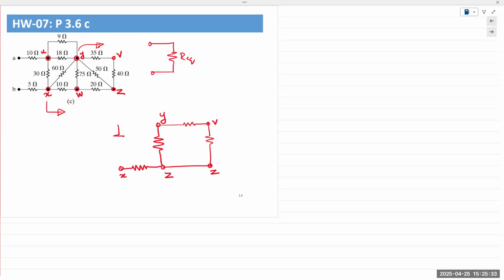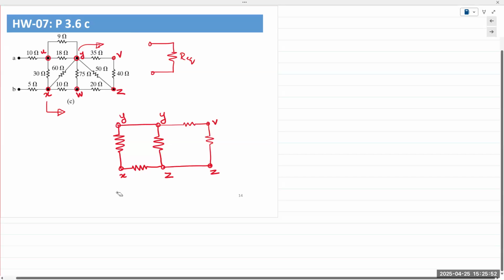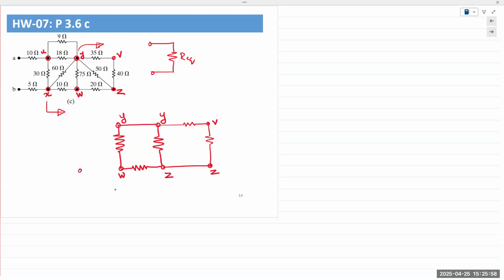And because Y is stretched, this is still Y. And from that point on, it's rather straightforward to the left side of the circuit. Oh, sorry. This should be W. And this would be X.